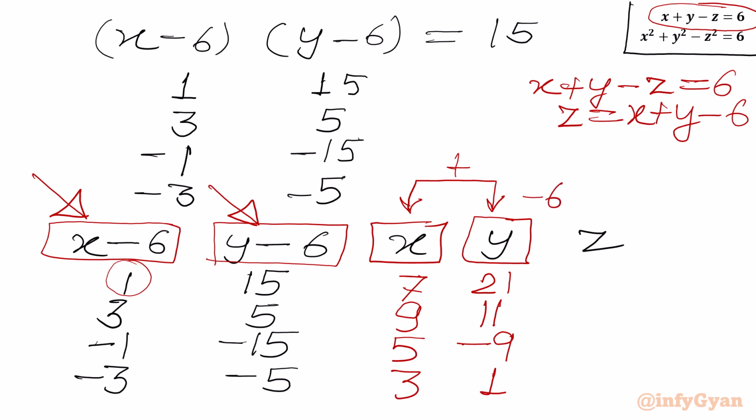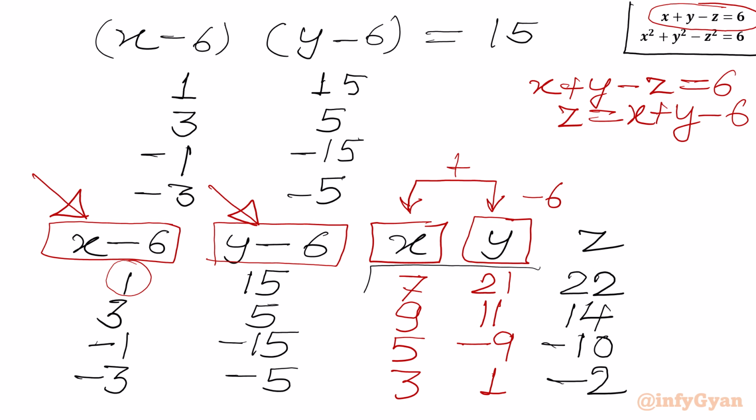So if I will find out z values, 7 plus 21, 28, 28 minus 6, 22. 9 plus 11 is 20, 20 minus 6, 14. 5 minus 9, so minus 4. Minus 4 minus 6, minus 10. 3 plus 1 is 4. 4 minus 6 is minus 2.